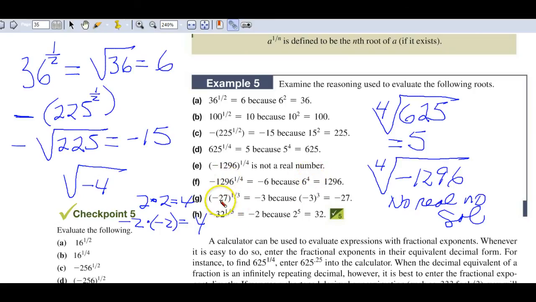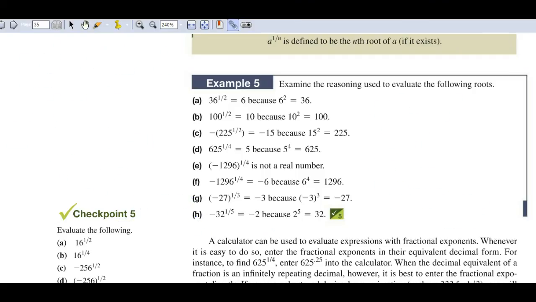Now, if we get a negative under the radical sign, and I think I can clear this up here to get some room, such as the 3rd root of a negative 27. That's this one. I'm changing it from its fractional exponential form to its equivalent radical form.